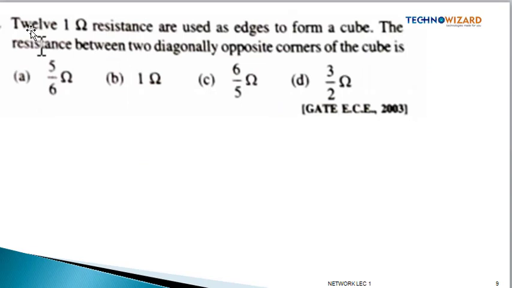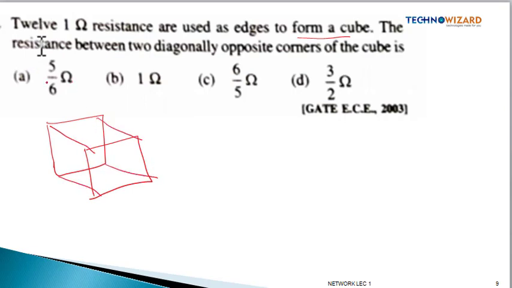Next is: 12 resistances of 1 ohm each are used as edges to form a cube. The resistance between the two diagonally opposite corners of the cube is, okay, so let's first draw a cube to understand this. Okay, so basically this is a cube I'm drawing.